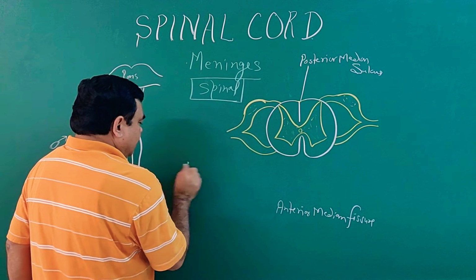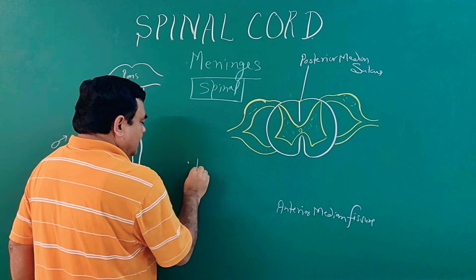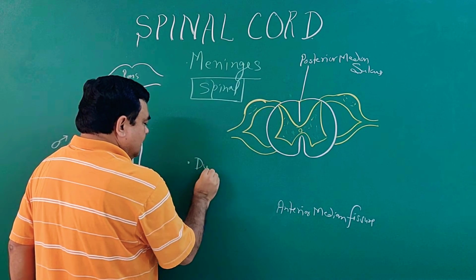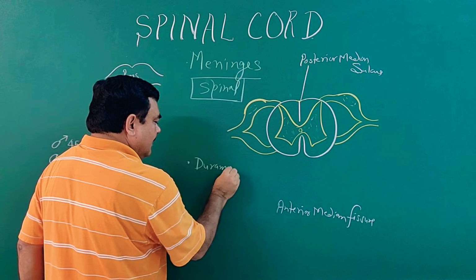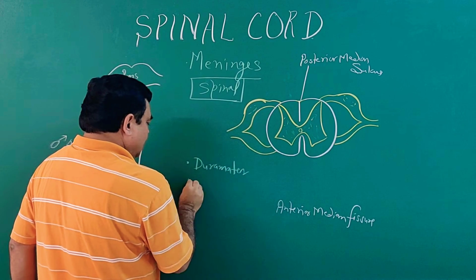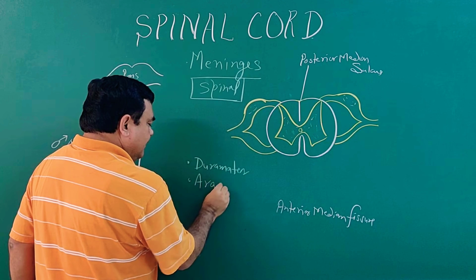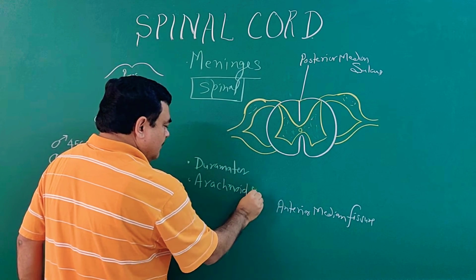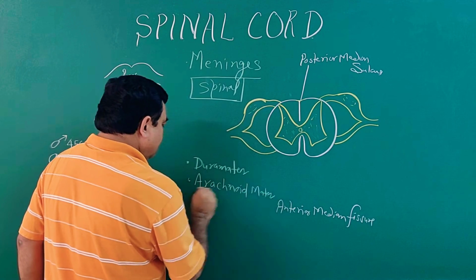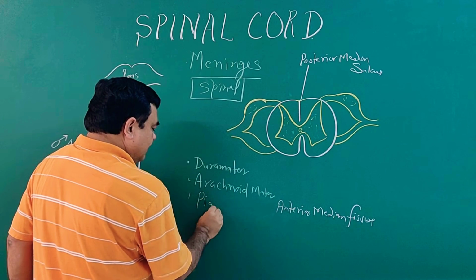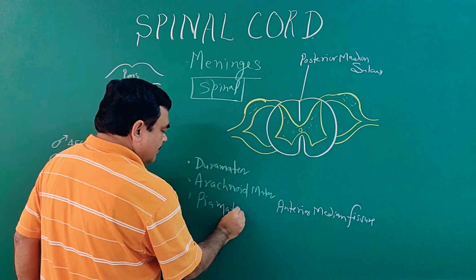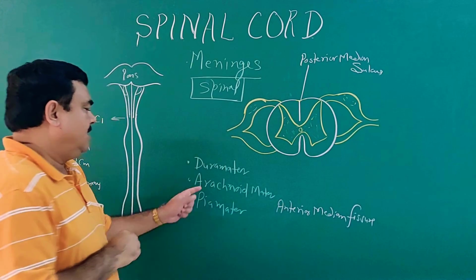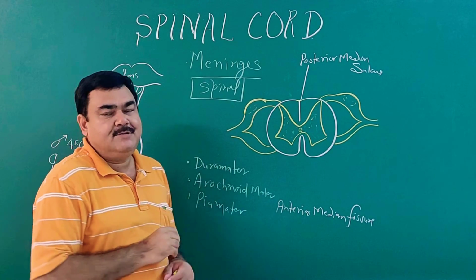There are three layers: dura mater, arachnoid, and pia. So these are the three coverings of the spinal cord.